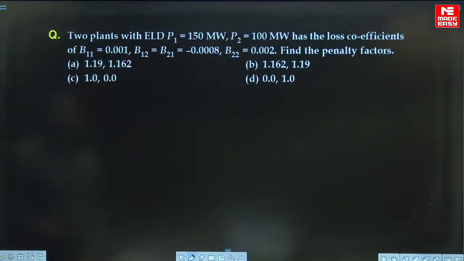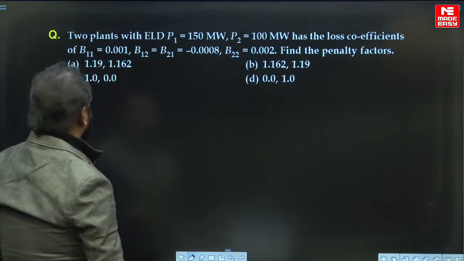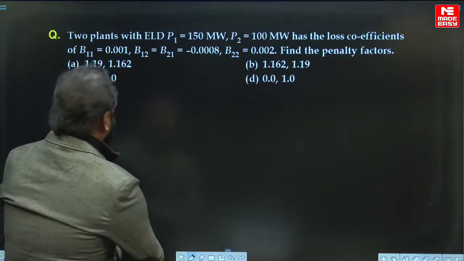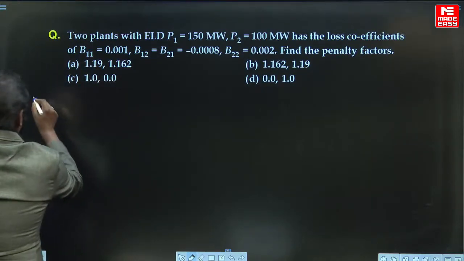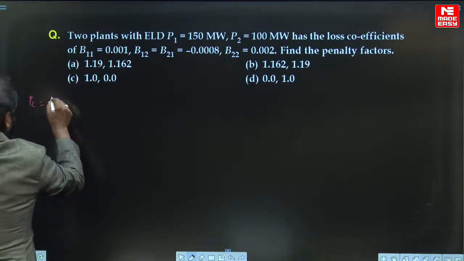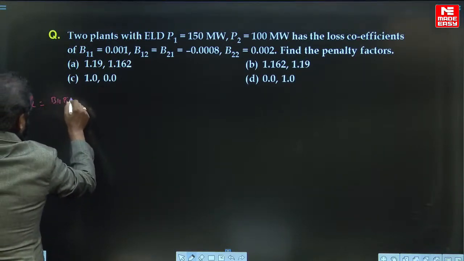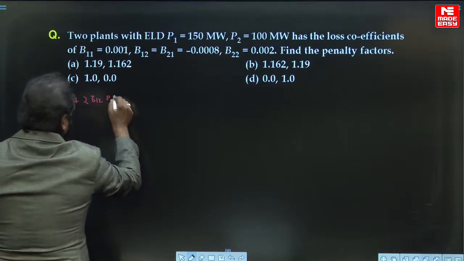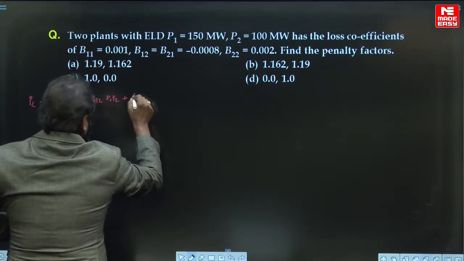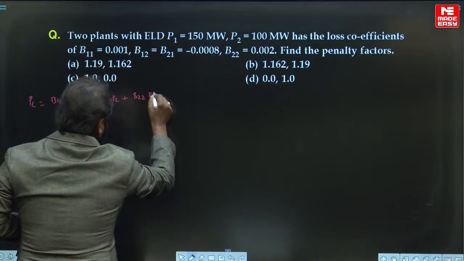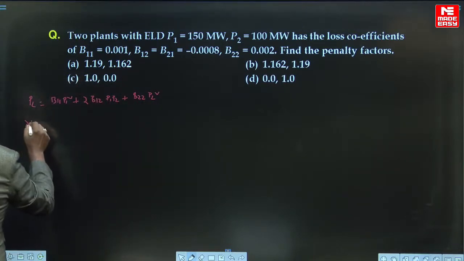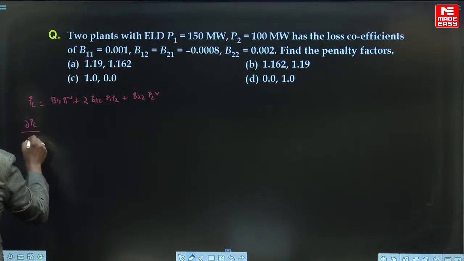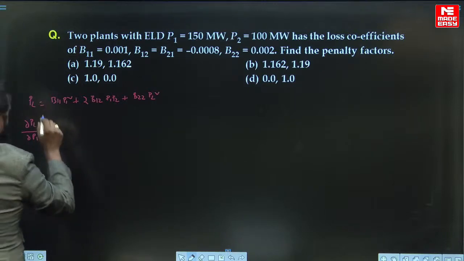Okay, two plants with the loss coefficients given, and find the penalty factors. So PL is given as B11 P1 square plus 2 B12 P1 P2 plus B22 P2 square. So dou PL by dou P1 equals how much?